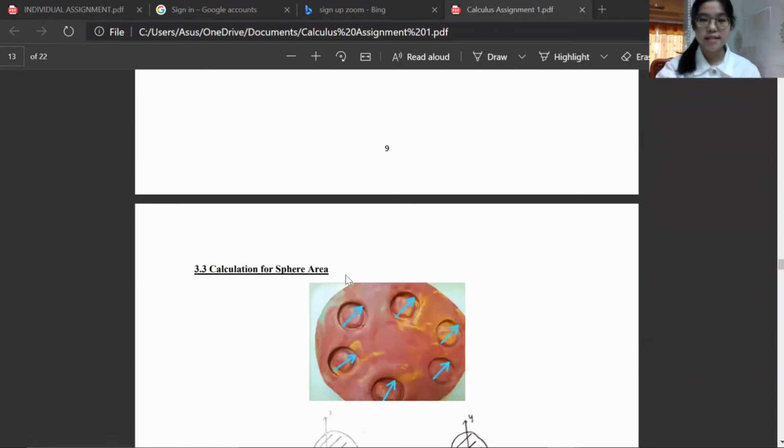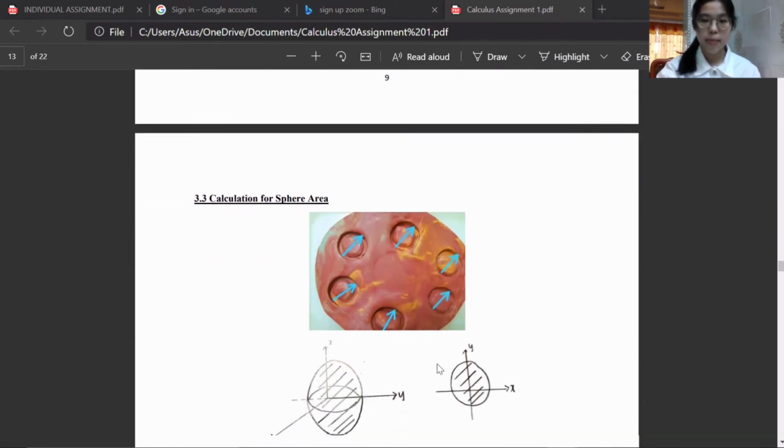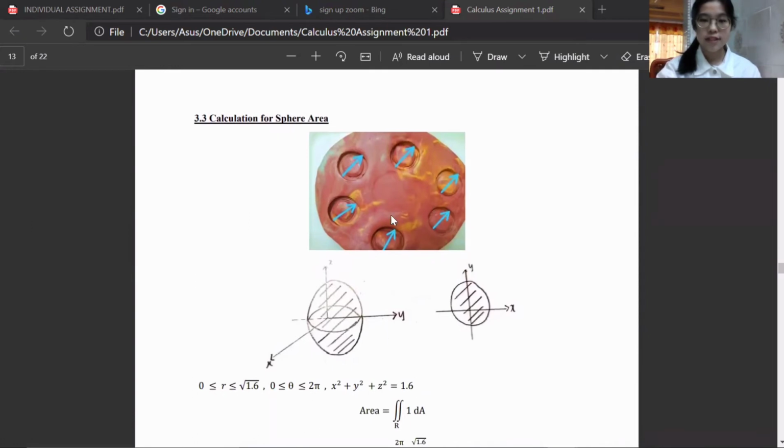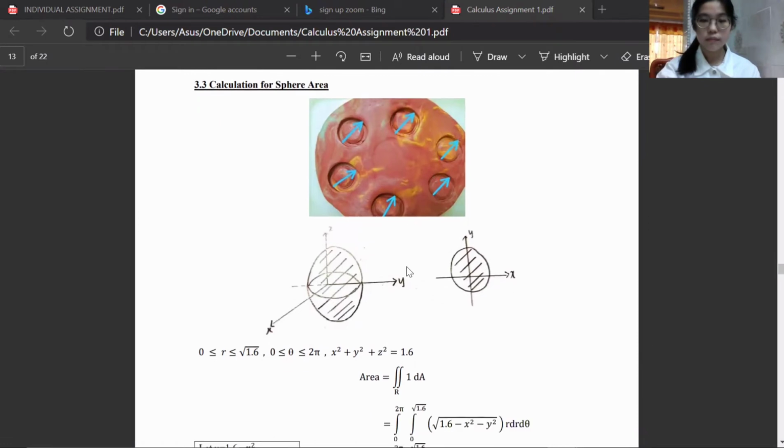The third shape is the sphere, which is located below the coupling area. It has 6 sphere shapes. The sphere has a diameter of 3.2 cm. It is located in the XYZ plane, so the formula is x squared plus y squared plus z squared equals 1.6.